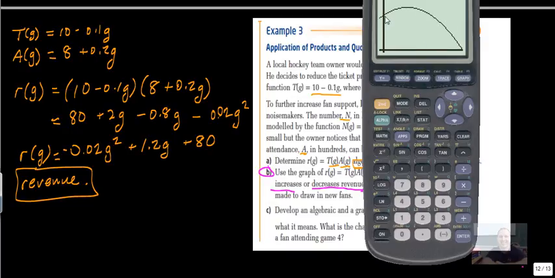And of course, this will be 80 right here, the y-intercept, because if you look at this graph, it's the only one that doesn't have a g value, right? So that means that it is the y-intercept 80. And so we have a maximum point right here. So remember, this point, a maximum on the graph, represents revenue. The y value will be the maximum revenue, and the x value here will be the game number.